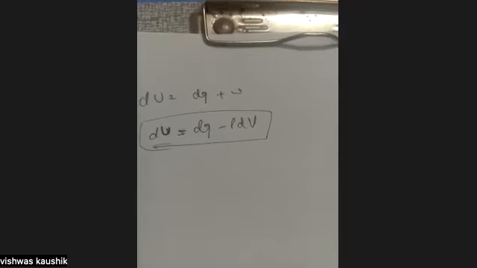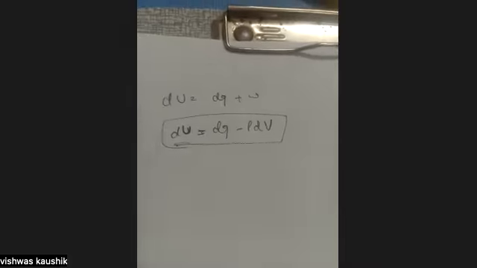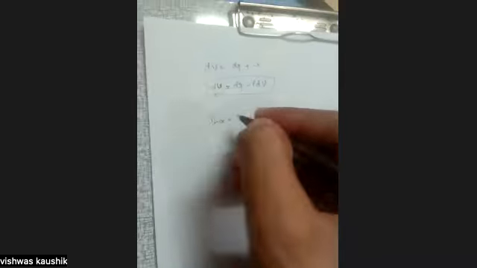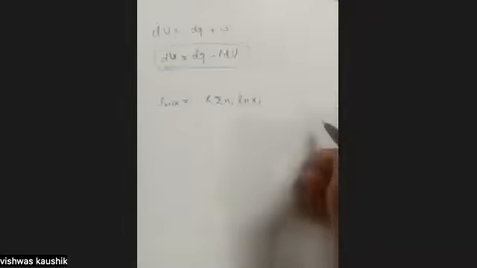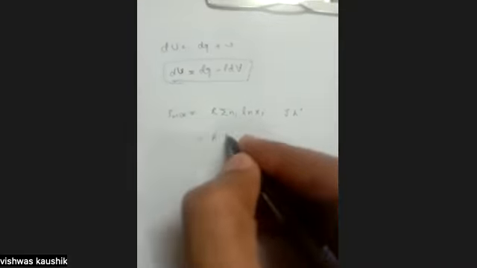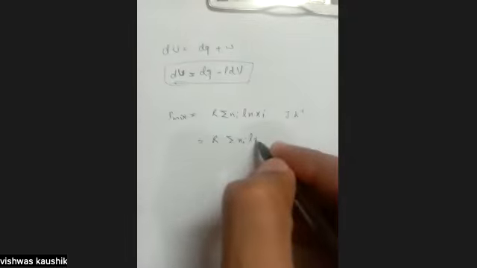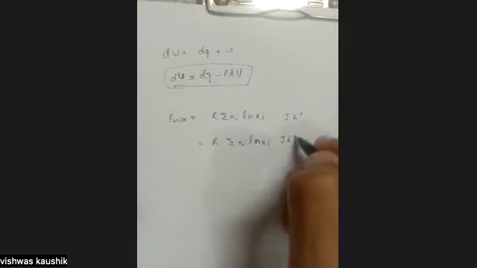There is a direct formula for calculating the entropy of mixing, which states that the entropy of mixing is equal to minus R summation ni ln xi in joule per Kelvin, or minus R summation xi ln xi in joule per Kelvin per mole.